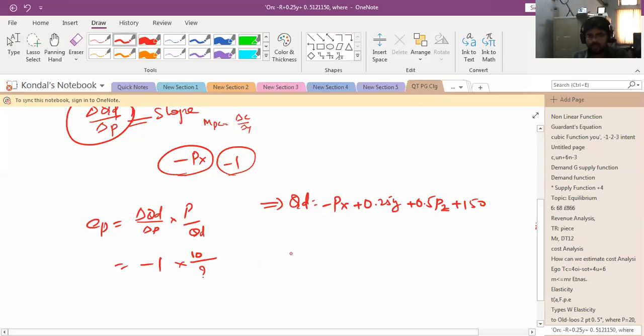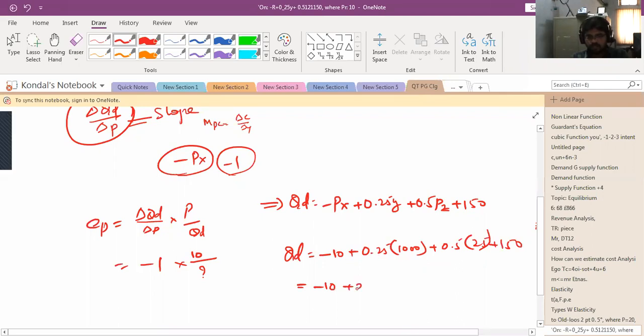So QD is equal to minus 10 plus 0.25 into 1000, which is 250, plus 0.5 into 25, which is 12.5, plus 150.